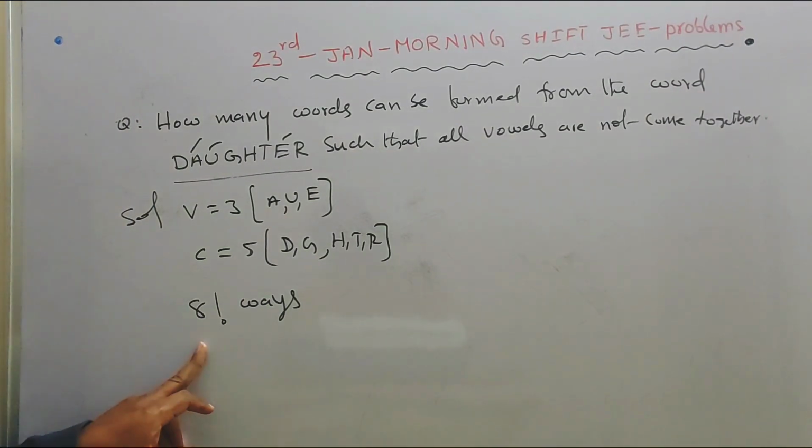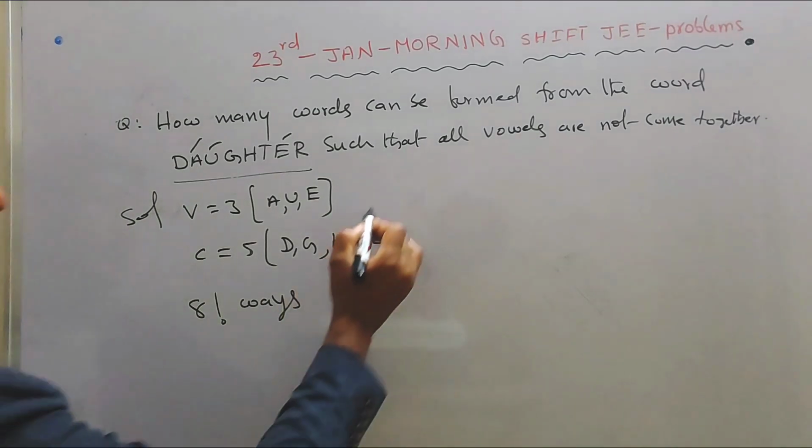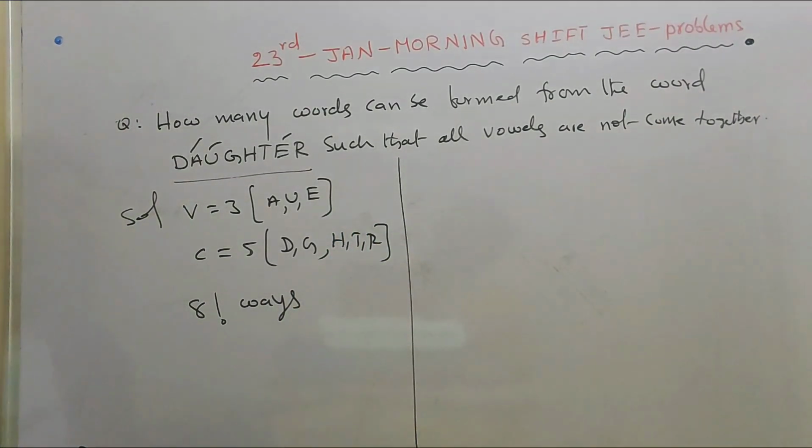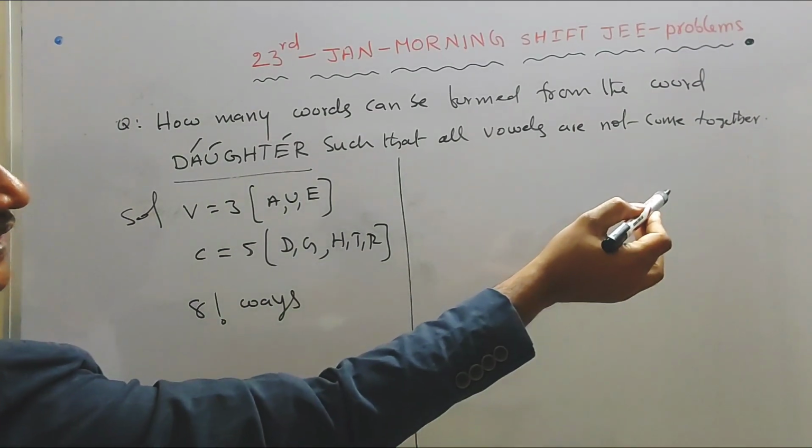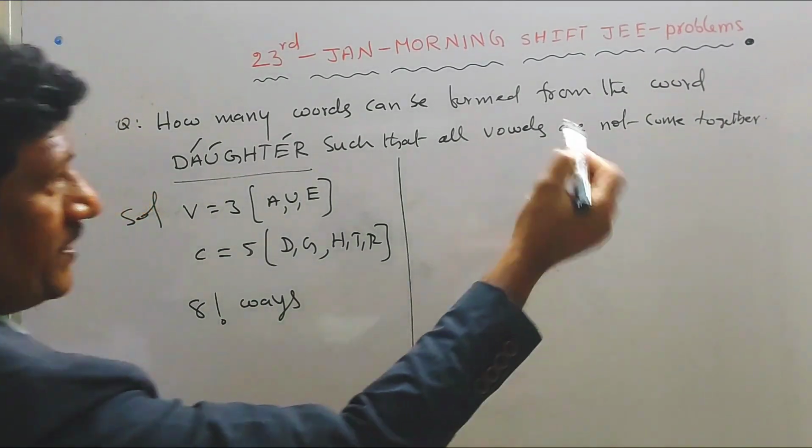But in these 8 factorial ways, we have unwanted permutations as well as wanted permutations. First of all, we need to remove unwanted permutations from this total answer. What are the wanted permutations? Vowels not coming together, those are the wanted permutations.